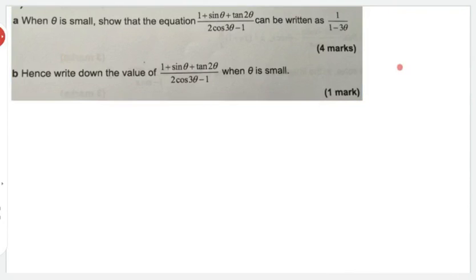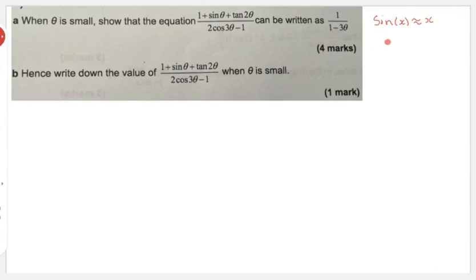First thing to note is that this is specifically for when theta is small. Let's use a different letter. Sine x is approximately x.